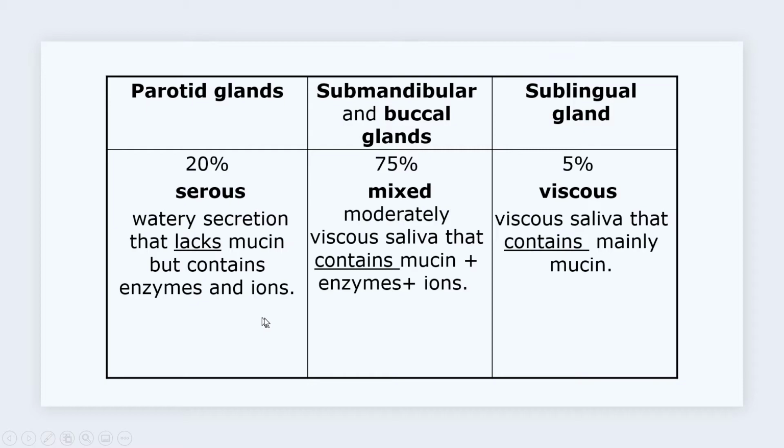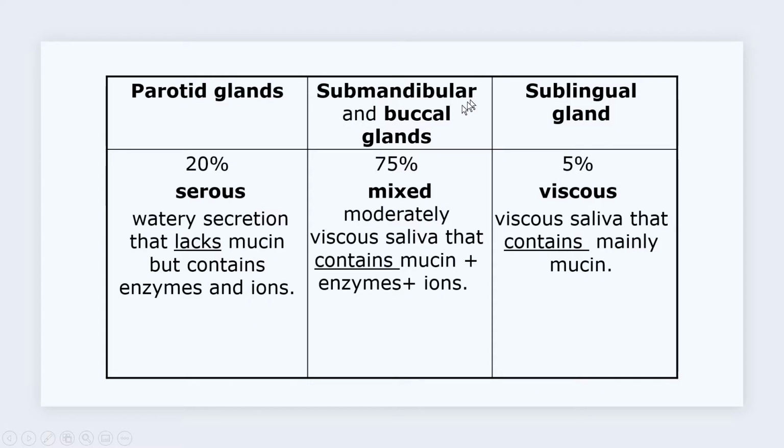Here we can see that the parotid gland contributes about 20% to the formation of saliva, and the type of saliva secreted is serous type. Serous means watery secretion, and it lacks the mucin protein but contains enzymes and ions.